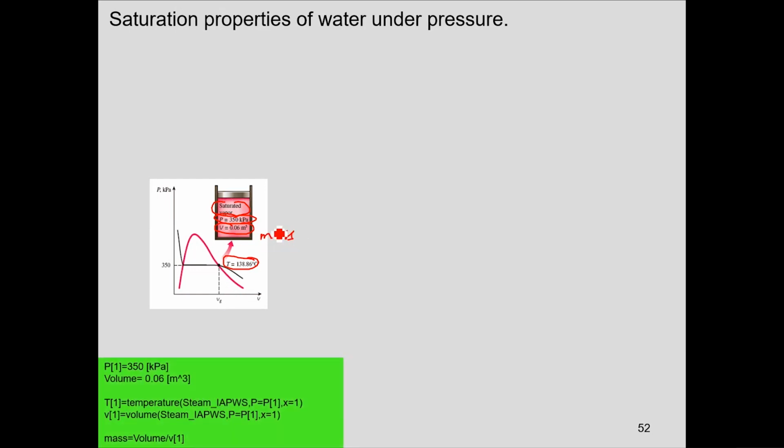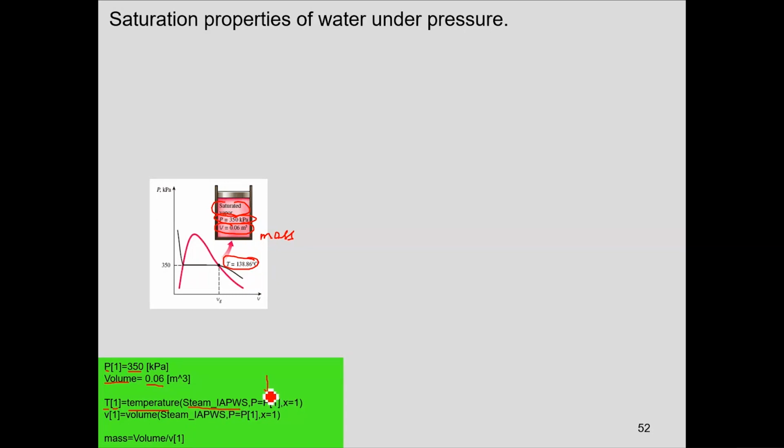So I have used this script where I have stored the value of pressure. I have used column P, row 1, to store the value of pressure as 350 kilopascal. Volume I have just specified as 0.06. I have not stored it in the table. To find out the temperature and store the value in column T, row 1, I have used the function temperature, steam tables.